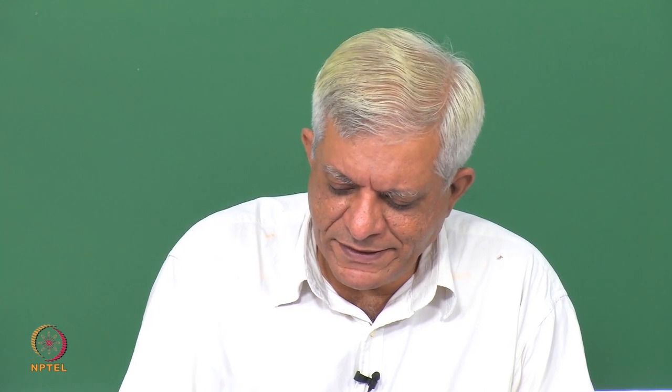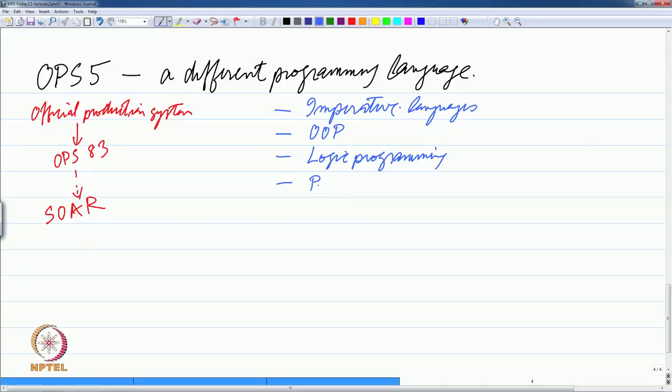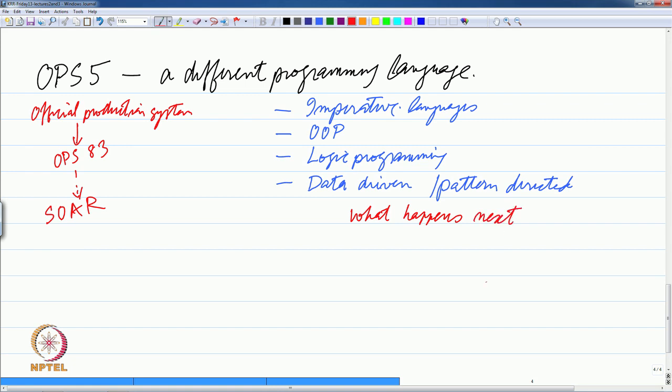And what we are studying is, as we have said, pattern directed systems or data driven systems, in the sense that what happens next, or which command or which sentence is executed, depends upon the data.